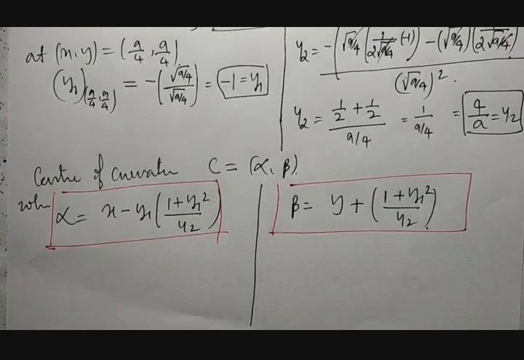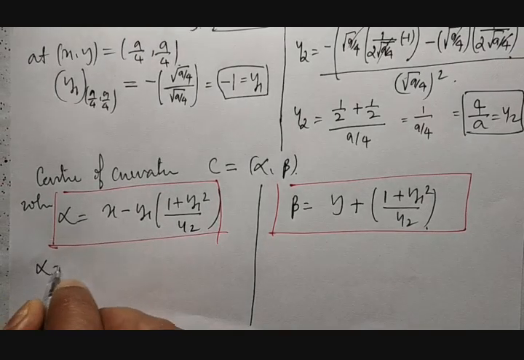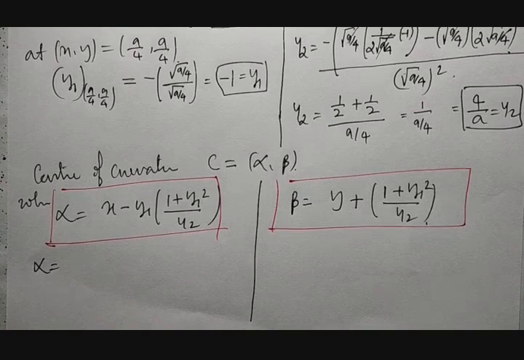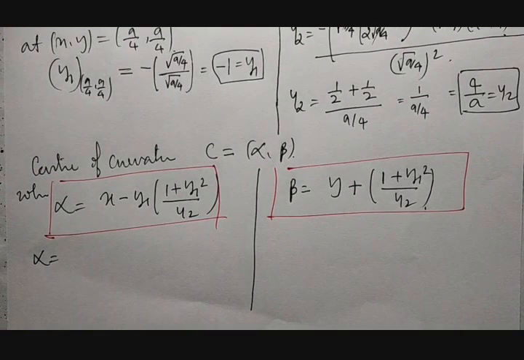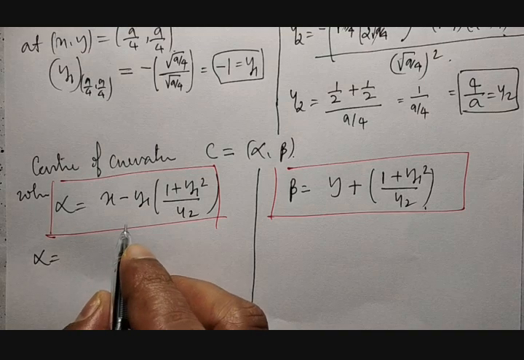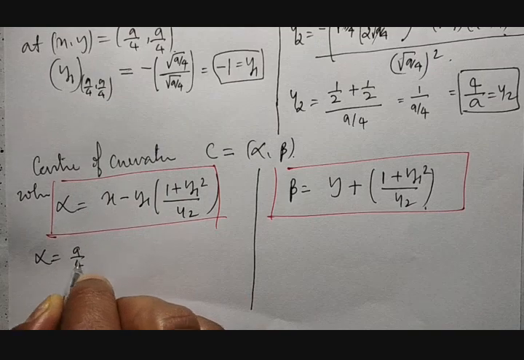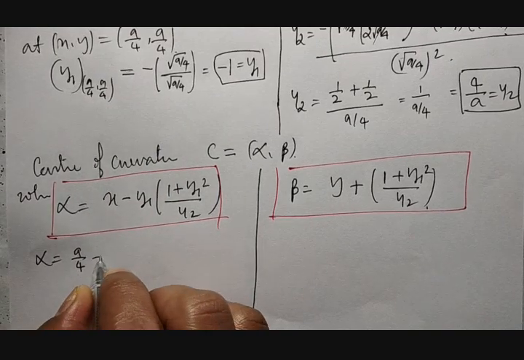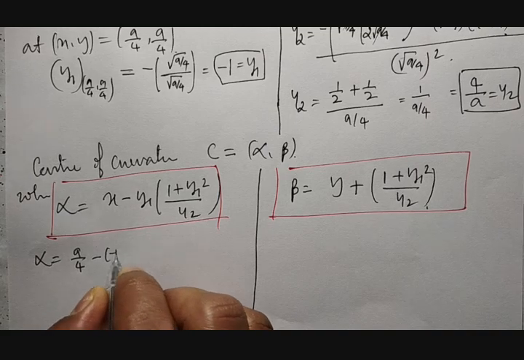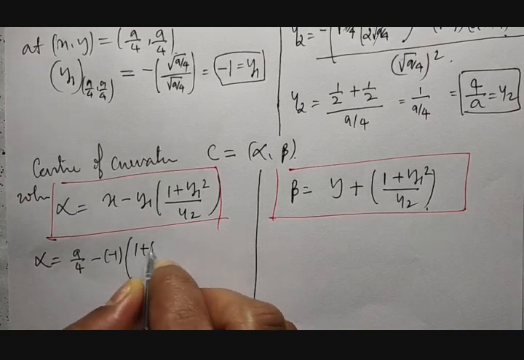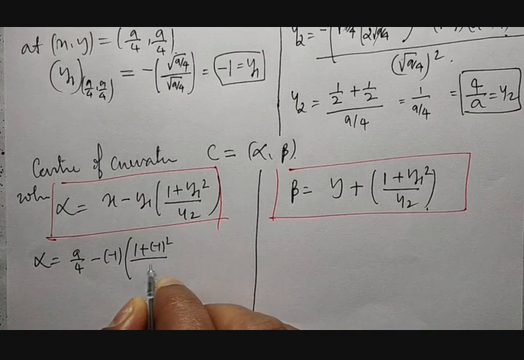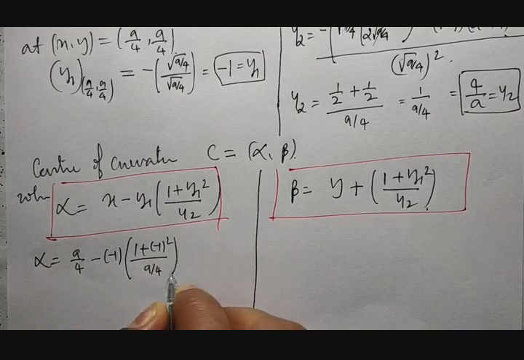Therefore, substitute the values. Alpha is equal to, what is alpha then? Alpha is equal to x. x is a by 4. So, a divided by 4 minus y1, that is minus 1, into (1 plus minus 1 square) divided by a by 4.